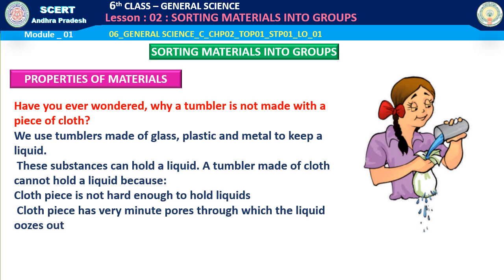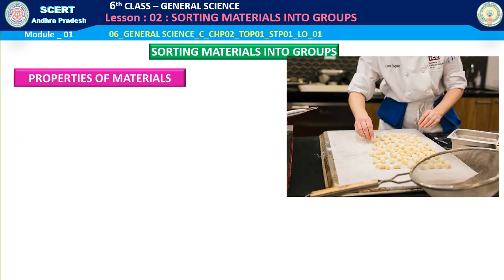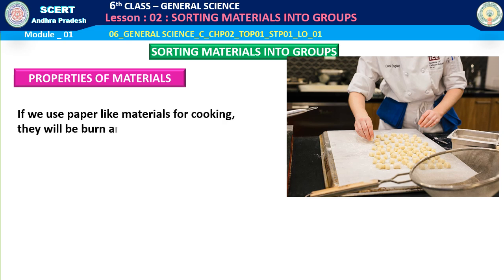If we use paper-like materials for cooking, what will happen? Let us think of this question. If we use paper-like material for cooking, they will be burnt and are unable to cook the food. But here you are observing a special paper. So that is parchment paper.